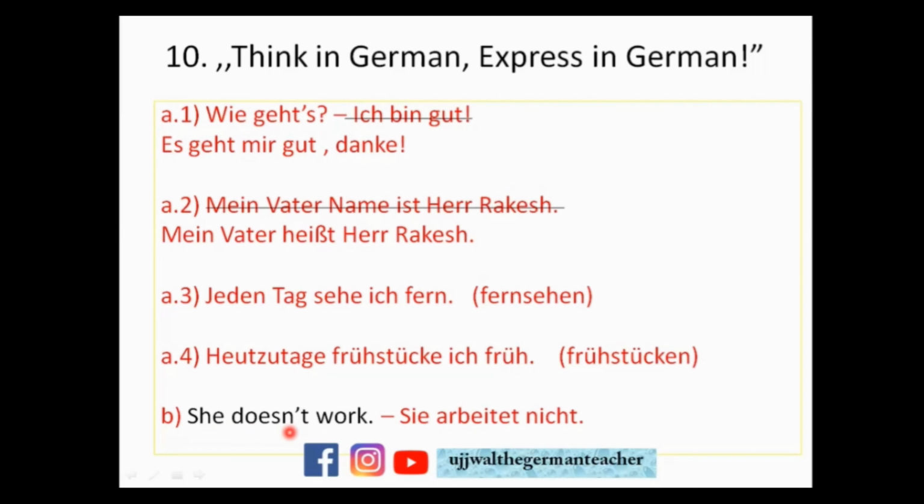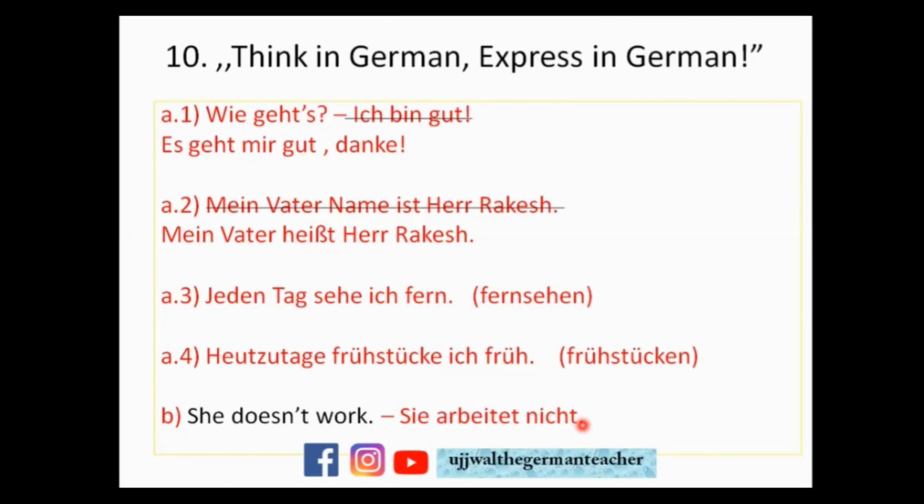Last thing here, written in black because red is the German thing and black I always write for the English. So "she doesn't work." This sentence is in English, and you need to say that in German. What you do is, she does not work. So you need to express this thing. She, okay, sie, small s, but here it's the start of the sentence, so we have used the capital S here. To work is the verb arbeiten. So you conjugate: "Sie arbeitet nicht", nicht for not.